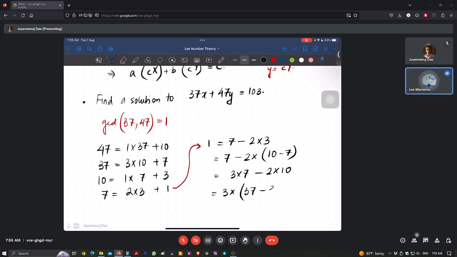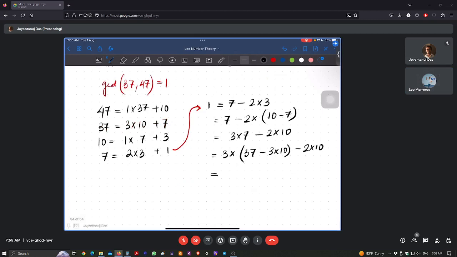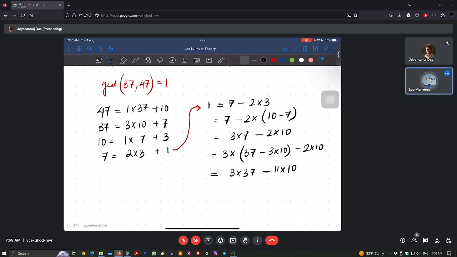And then 37 minus, yeah. 3 times. Right. So the next step will be minus 9. 3 times 37 minus 11 times 10. 3 times 37 minus 11 times 47 minus 37, right.